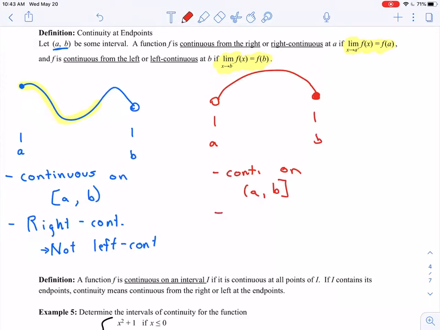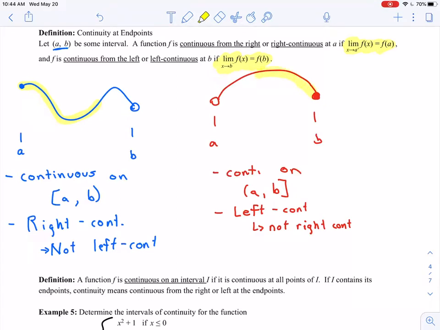In this case, we would say that this function is left continuous at b, but not right continuous at a.